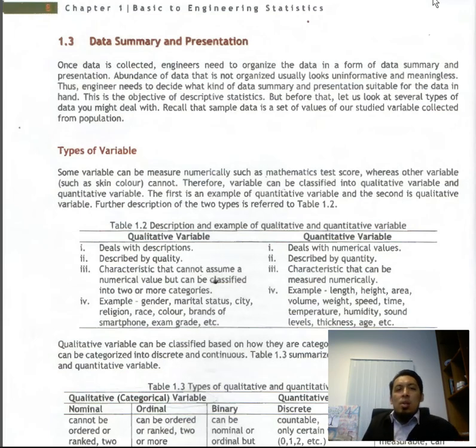Once the data is collected, engineers need to organize the data in the form of data summary and presentation. If you have an abundance of data that is not organized, it will not be really useful, because you can find information out of the whole abundance of data eventually, but it will take a lot of time.